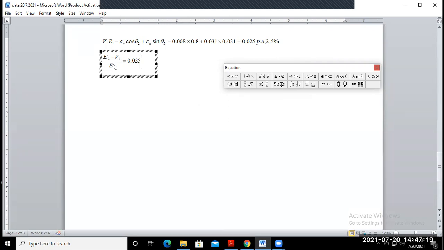Okay. So from this equation, V2 equal to 0.975 into E2.